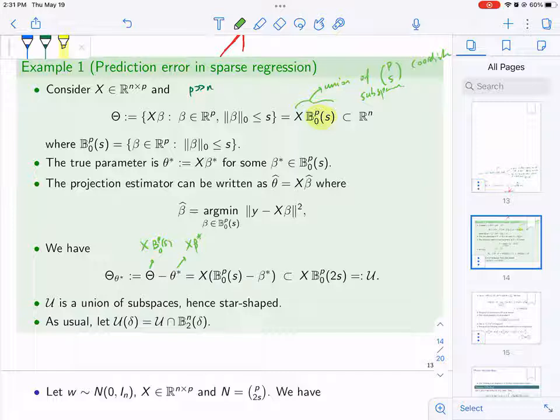Okay, so this is a linear transformation. And this belongs to the ball of radius 2s. So why is that?